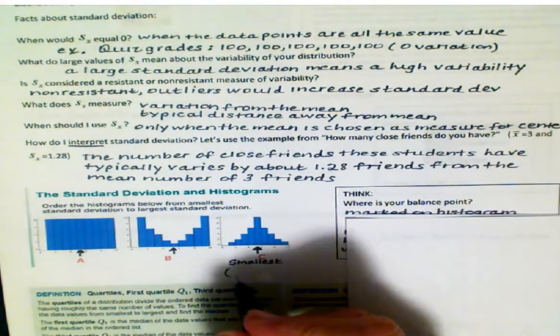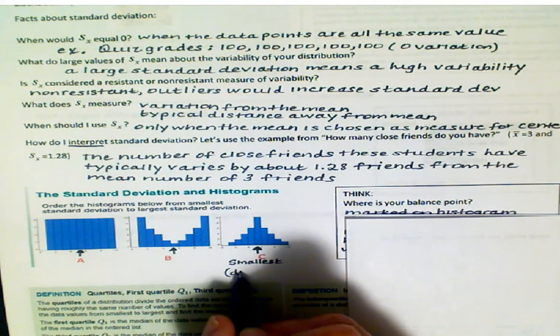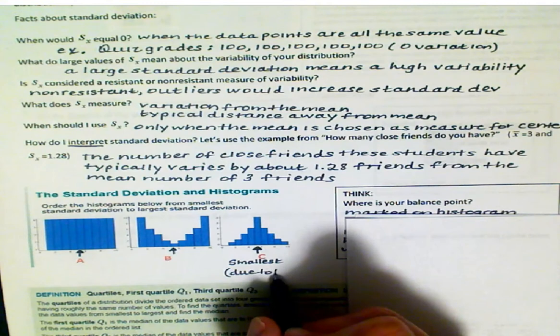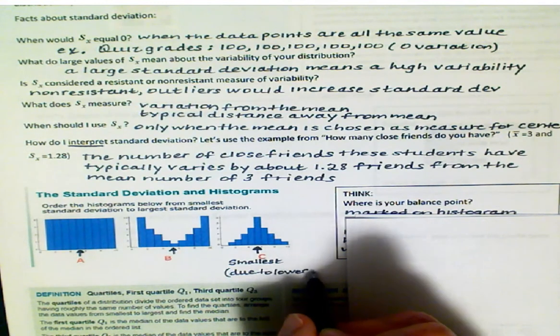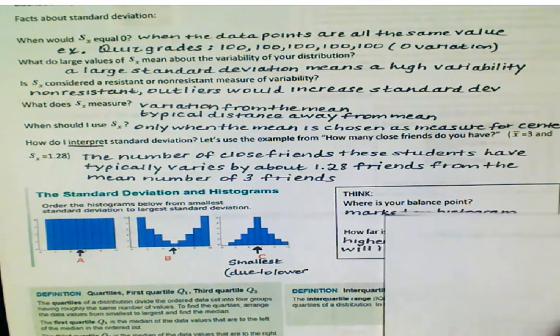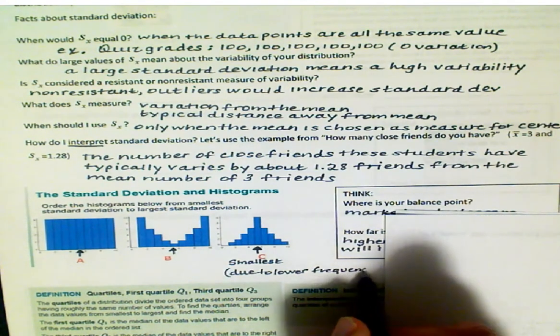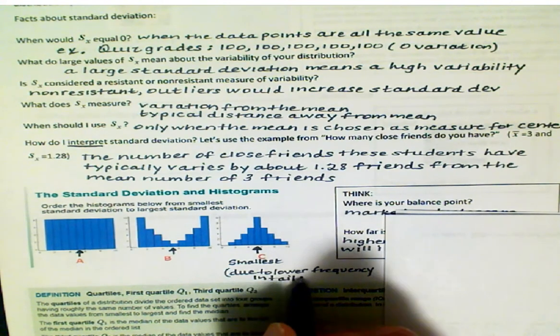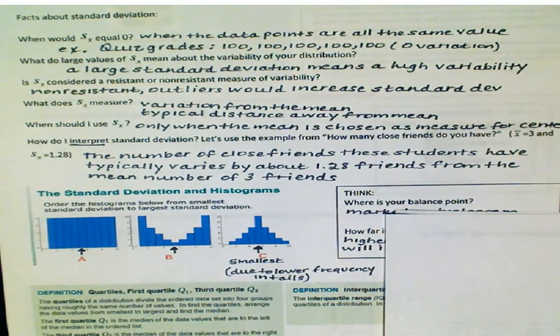So I would say it's the smallest, and it really is due to lower frequency in the tails. Okay, so that's why that one would have the smallest.